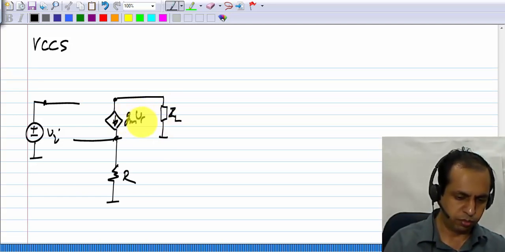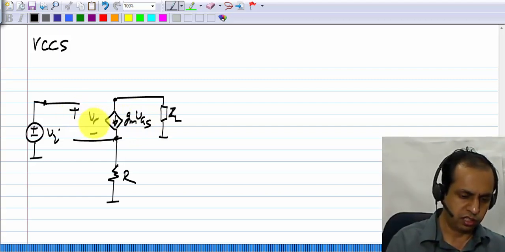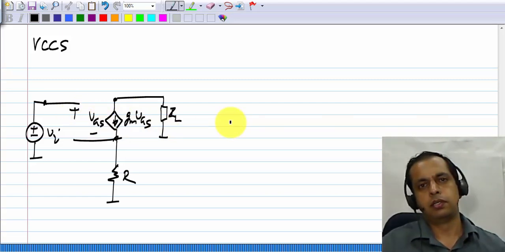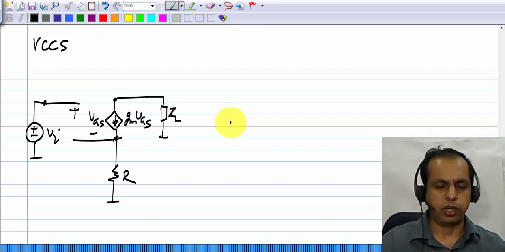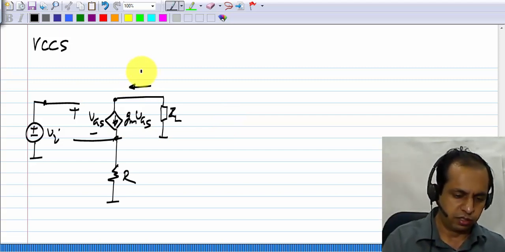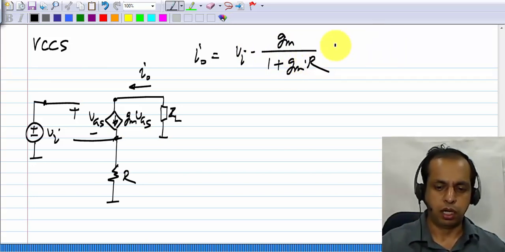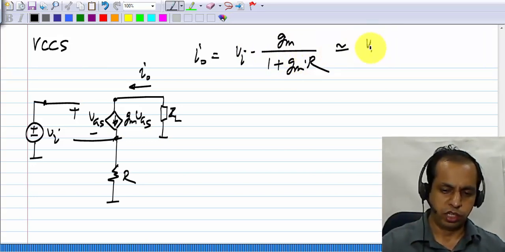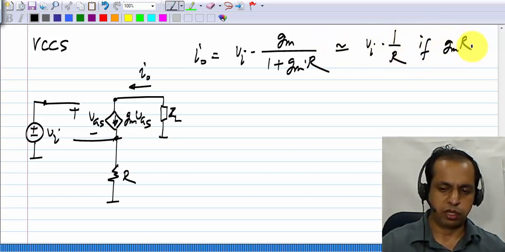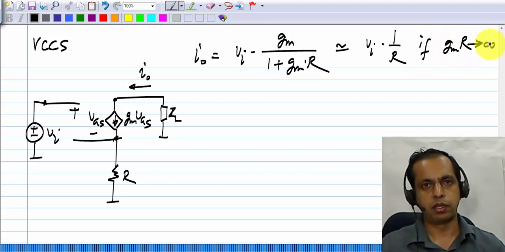This is gm VGS and this is VGS. Now we have already evaluated that this current Io is Vi times gm by 1 plus gm times R, and it's approximately Vi times 1 by R if gmR tends to infinity.